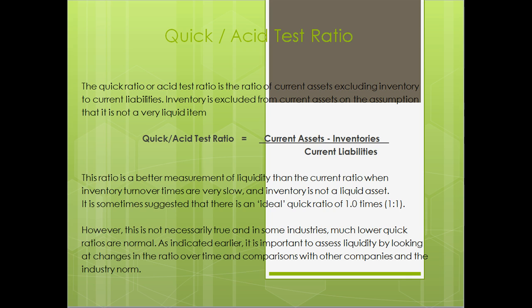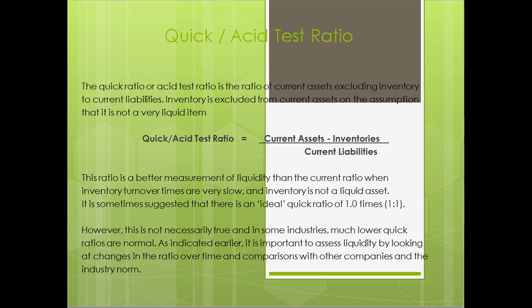The amount of current assets and the current liabilities in the statement of financial position at the end of the year may be used. This ratio is a better measurement of liquidity than the current ratio when inventory turnover times are very slow and the inventory is not a liquid asset. It is sometimes suggested that there is an ideal quick ratio of 1 time, meaning 1:1.